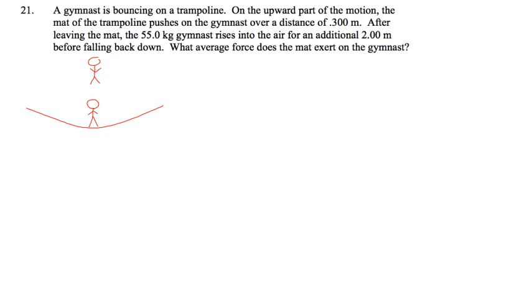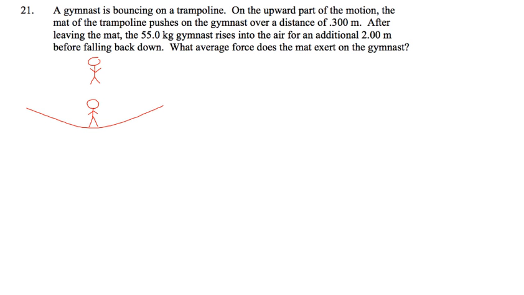The only time that work is acting on the gymnast is from there until the stretched trampoline comes back to its neutral position. That's when work is happening on this person. So my starting position is when it's fully stretched, and my finishing position is when the person reaches their maximum height up in the air.